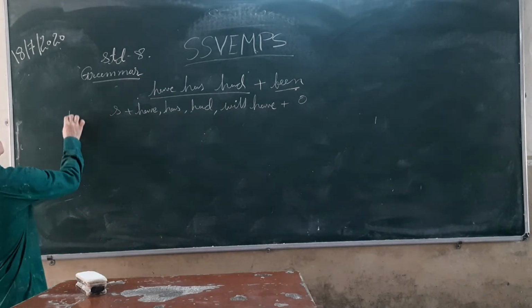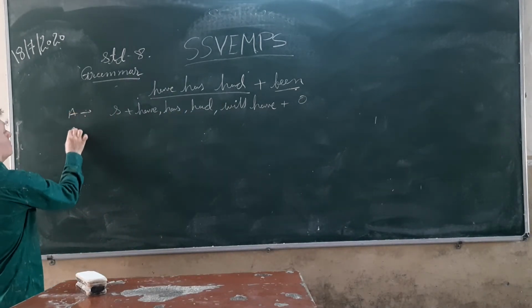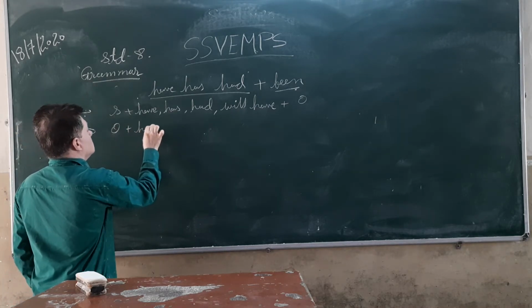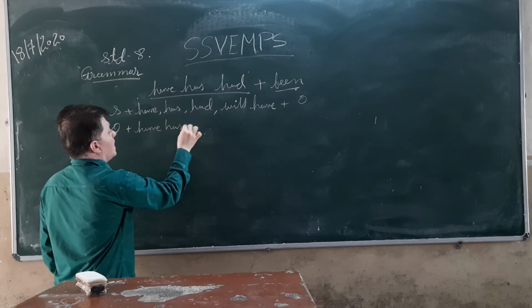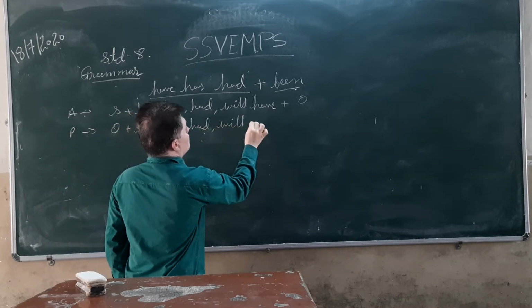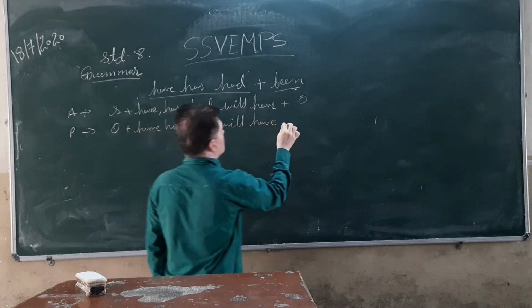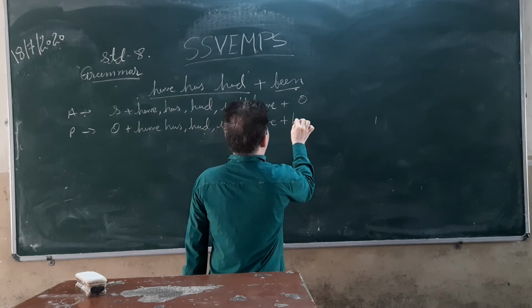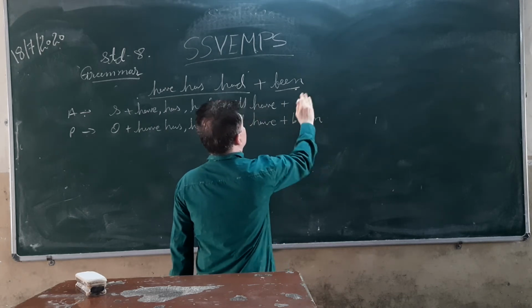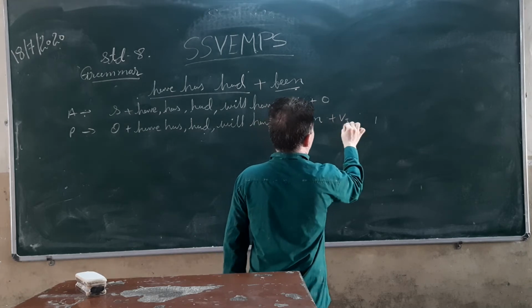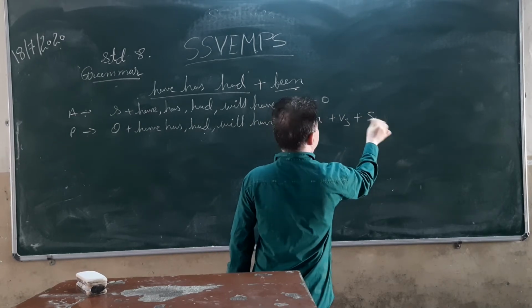In passive voice, object plus have, has, had, will have, plus been, plus V3, plus by plus subject.